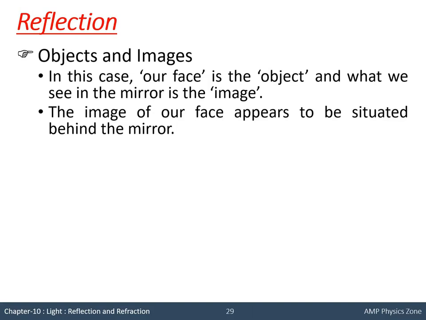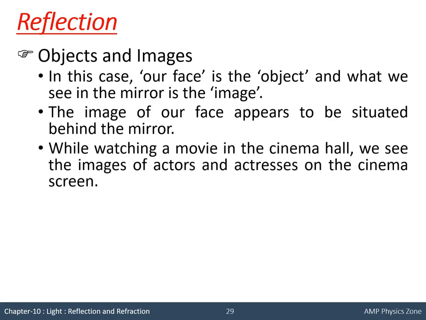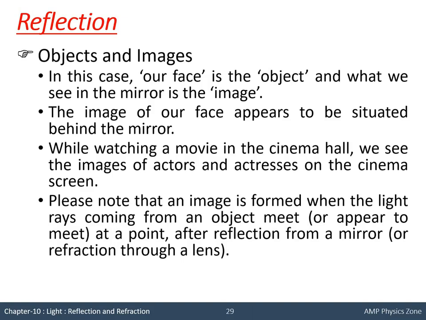The image of our face appears to be situated behind the mirror. And while watching a movie in the cinema hall, we see images of actors and actresses on the cinema screen. This image is formed when light rays coming from an object meet really, or appear to meet, at a point after reflection or refraction.